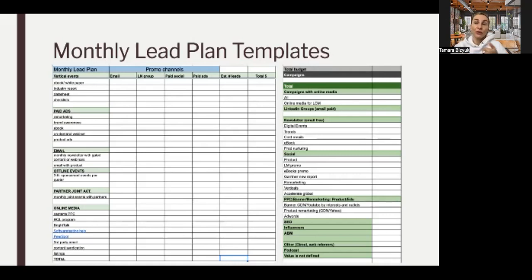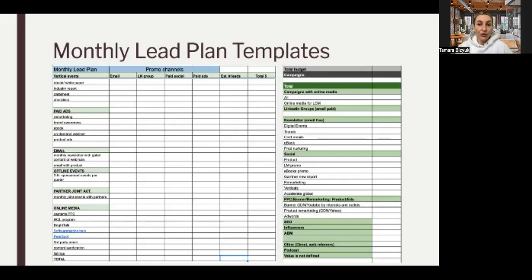For example, you want to generate 600 registrations with this specific webinar, and the budget is, I don't know, $1,000. So how are you going to allocate the spend, the costs, to generate this number of leads? Is it going to be paid social, paid ads? You can do a recommended post in a relevant LinkedIn group to get the registrants.